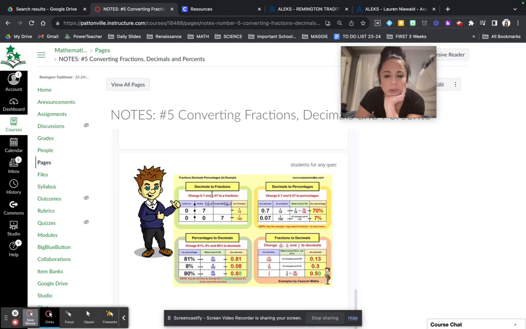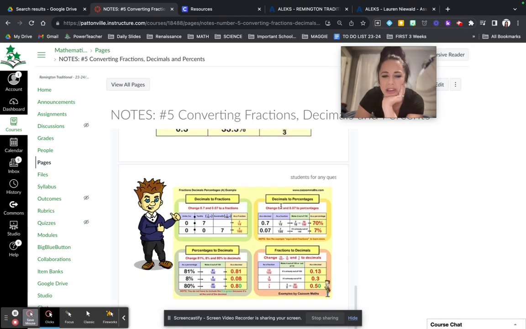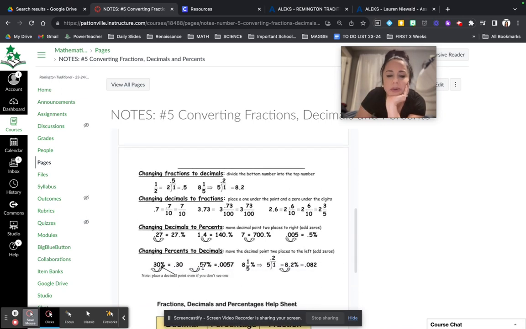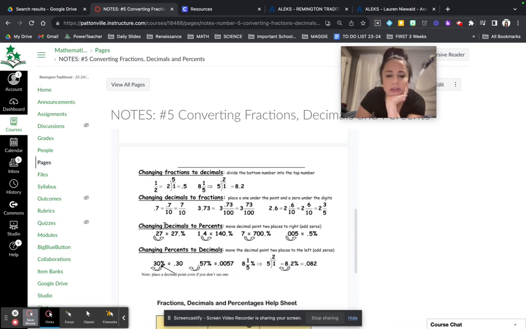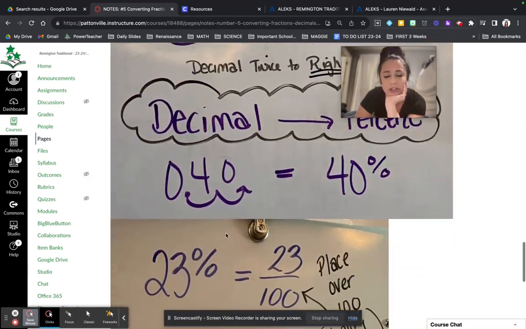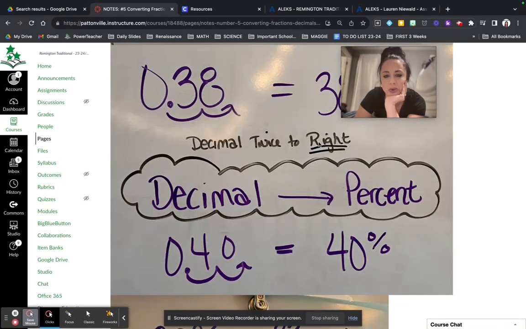So we want to go from a number to a percent. Same thing here, by writing it as a fraction, but we don't really have something to write as a fraction because there's not a true decimal. So we'll just stick with the rules that we had before. It's a decimal to a percent, so we're moving it twice to the right. If these don't suit you, then the bottom ones that are in my handwriting are the exact same thing. Decimal to percent, twice to the right.